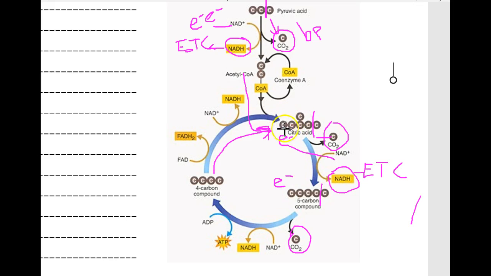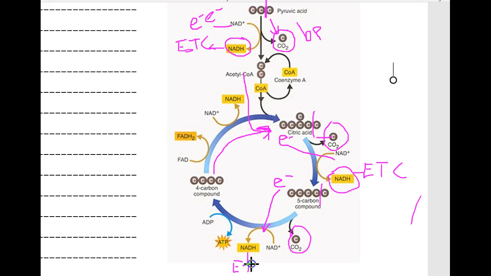Now we still have a pair of electrons from here that weren't picked up, and we're going to get 2 more pairs of electrons that are released from here. So we've got a couple of pairs of electrons that are available. Some of them are going to be picked up by NAD+ to form NADH, and where's that going to go? You guessed it, the electron transport chain.